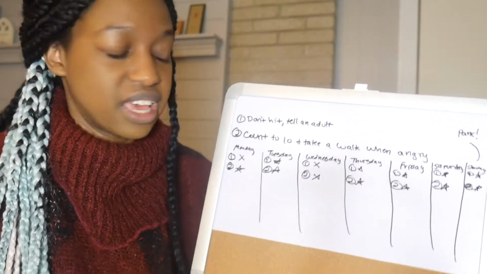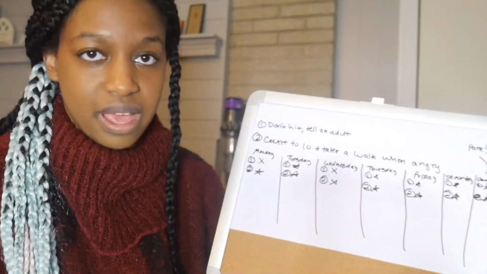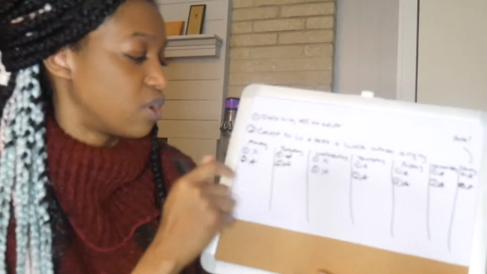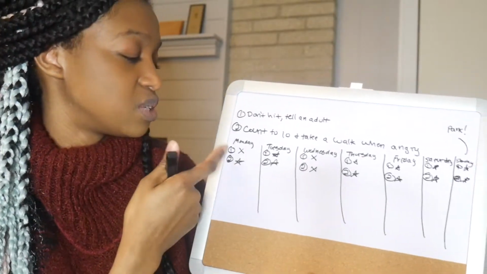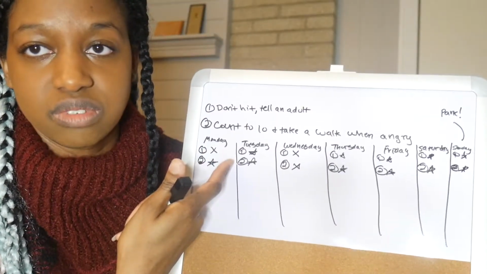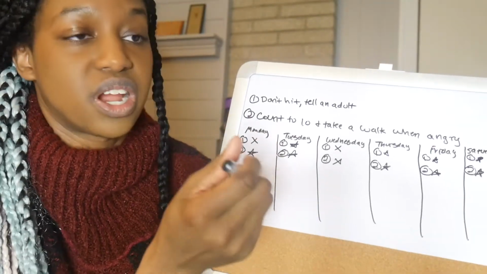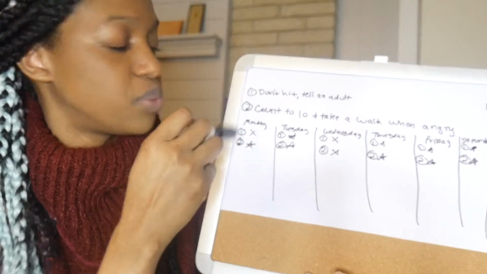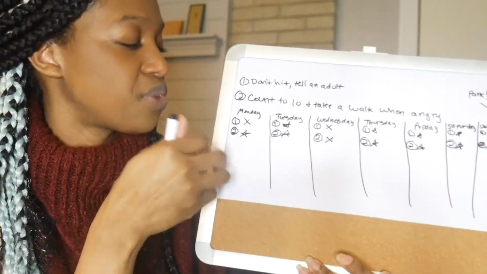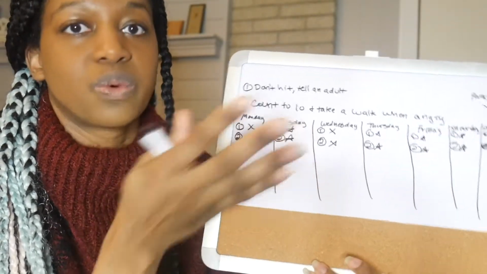So if a child, for example, starts out the day really well, let's say on Monday, and this used to be a star. Well, when they hit their brother, you had to erase the star, or whatever it is you're doing, and put an X. So throughout the entire day, they can earn stars or X's or whatever.